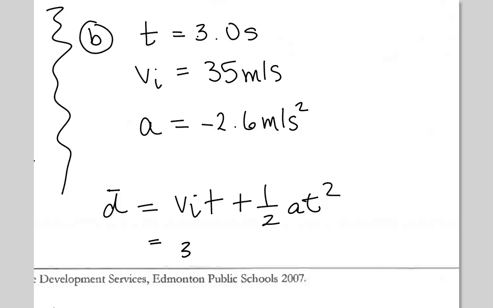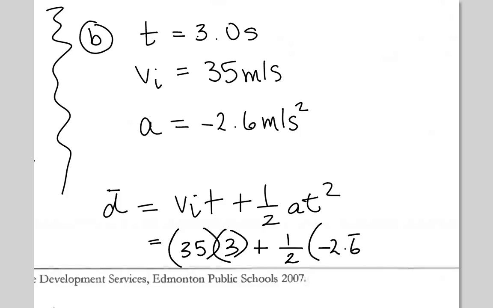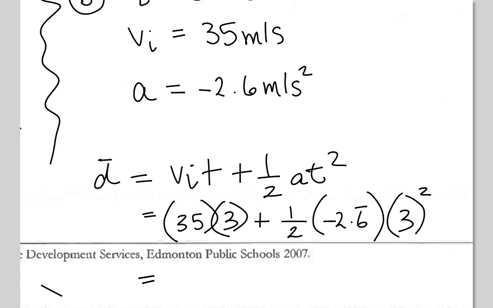So we got 35 times 3, plus a 1/2 times A, which is negative 2.6 repeating. I would copy and paste that from my calculator. And T here is going to be 3 squared. So this should give us our displacement. I need a graphing calculator.